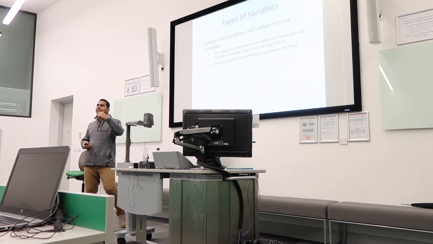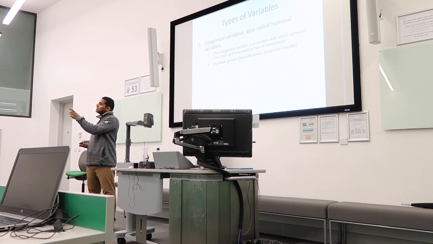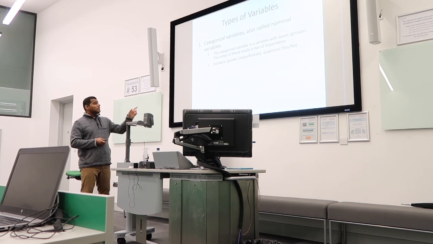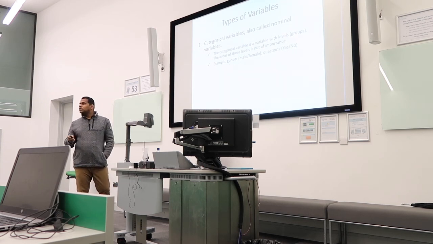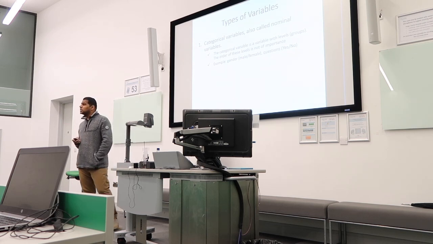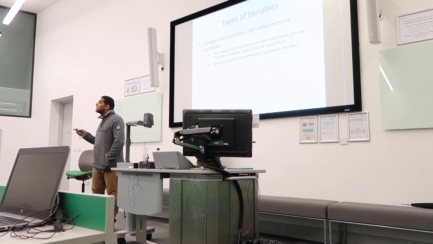Get it? The value here is just for giving a name to the category, 1 or 2. So the order here of the variables is not important. Example, as I said to you, gender, and also yes/no questions. Did you study last night?